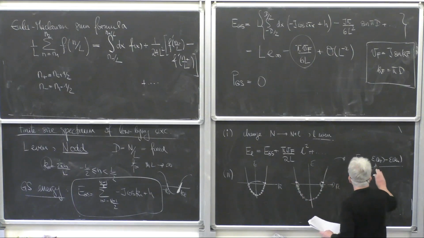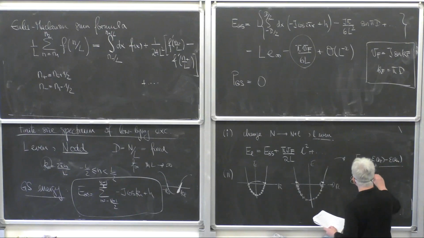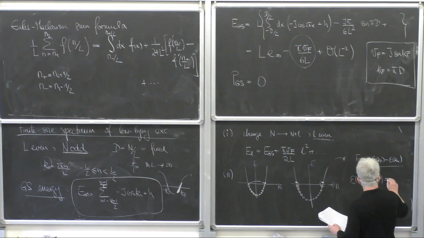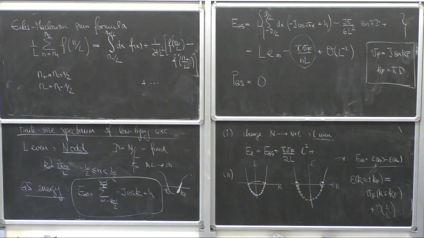So epsilon of K at plus or minus Kf is equal to Vf times (K minus or plus Kf), plus little o of 1 over L, or capital O of 1 over L squared if you wish. If you go to higher orders in the Taylor expansion, it will involve terms that scale like 1 over L squared, but we are just interested in the energy up to order 1 over L.